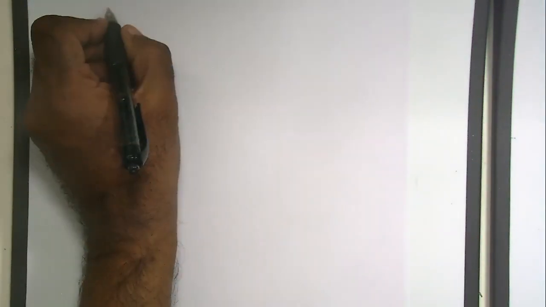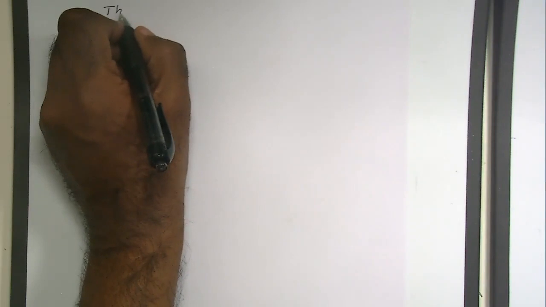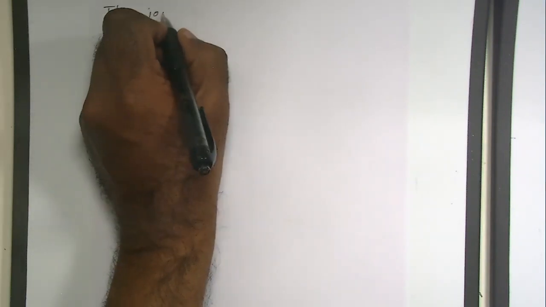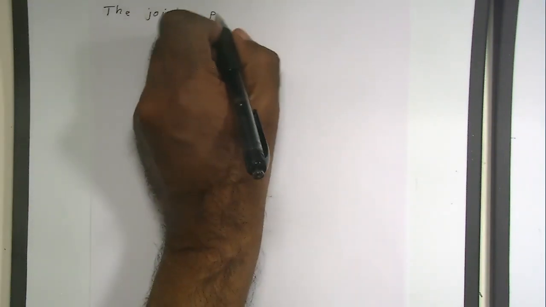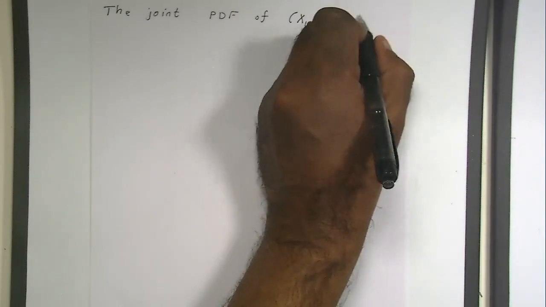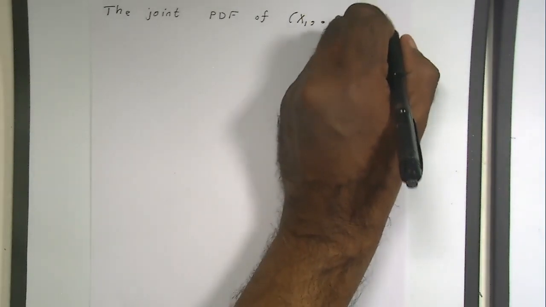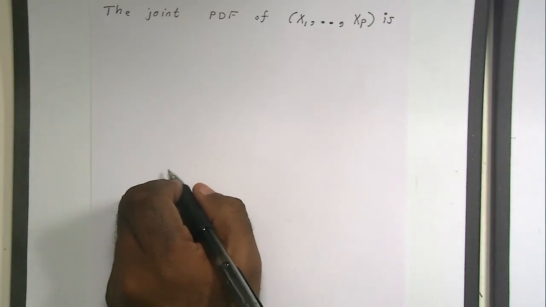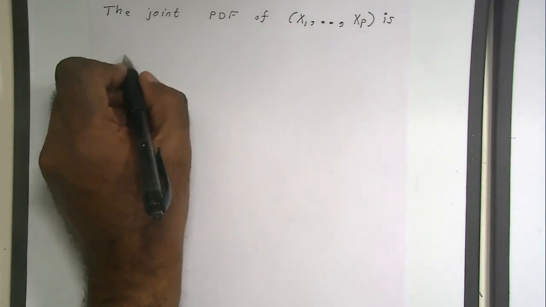Now the final thing. I always try to do as many examples as possible, but before I go to some examples, the joint PDF of x1 to xp is as follows.